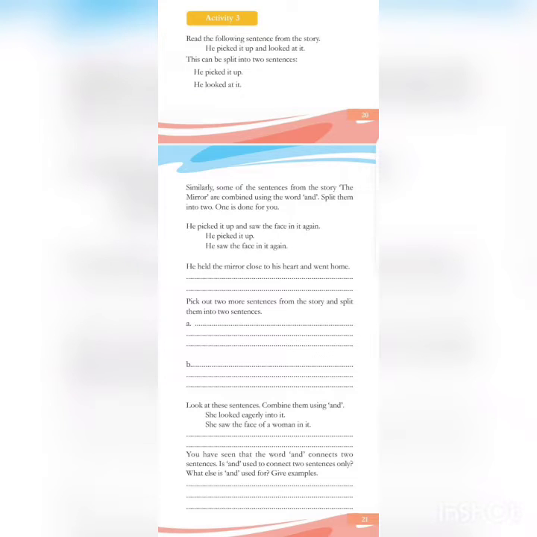Similarly, some of the sentences from the story The Mirror are combined using the word and. Split them into two. One is done for you. He picked it up and saw the face in it again. Split it into: he picked it up.